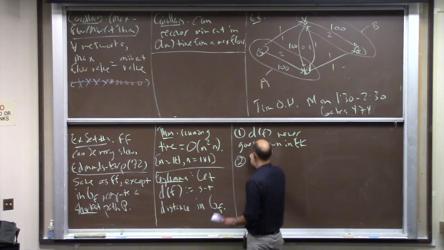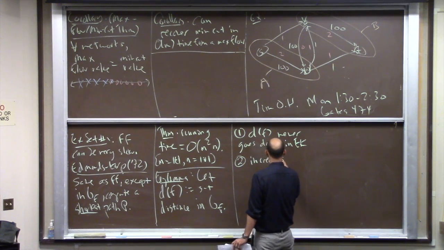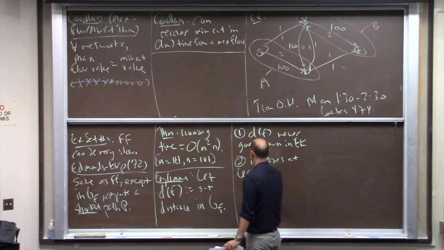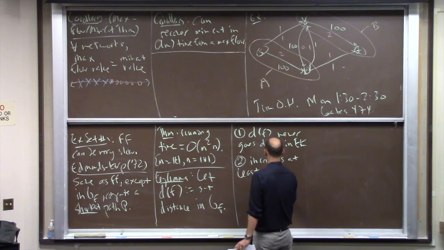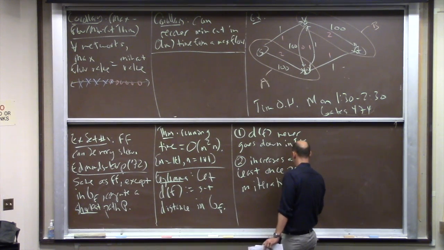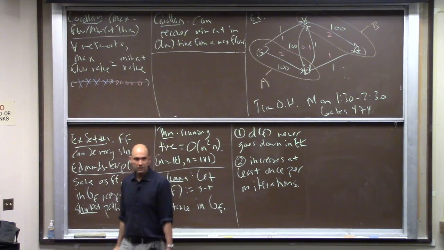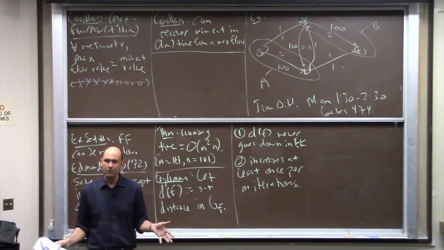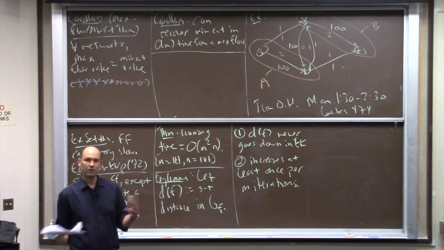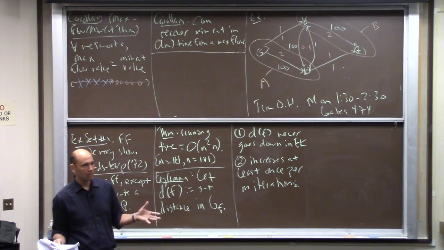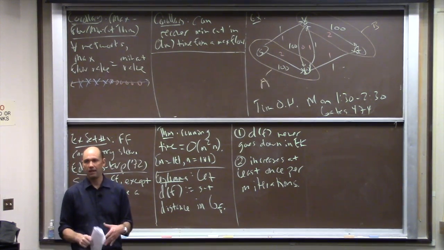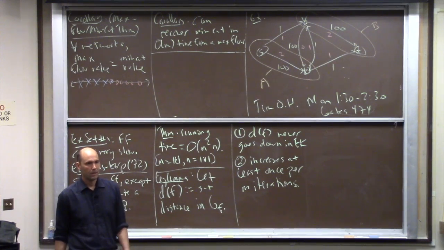And indeed, we'll prove that it increases at least once per m iterations. Okay? So maybe at the beginning of the algorithm, the distance between S and T is 2 hops. We augment along a path, it's still 2 hops. We augment along another path, it's still 2 hops. But then at some point, we augment along a path, and it becomes, say, 3 hops.